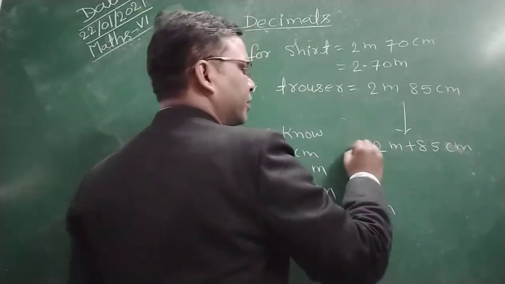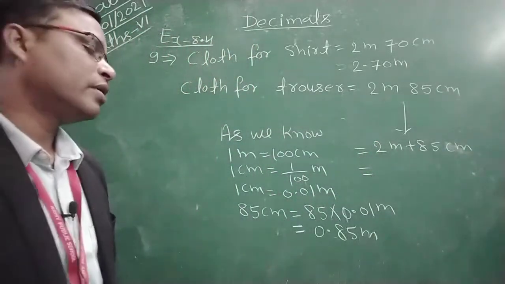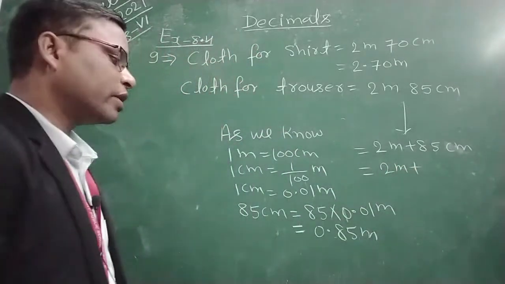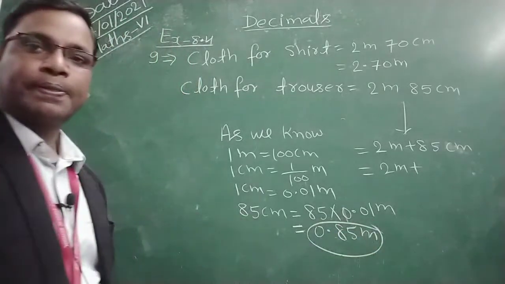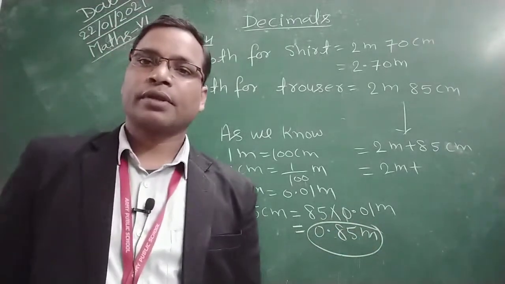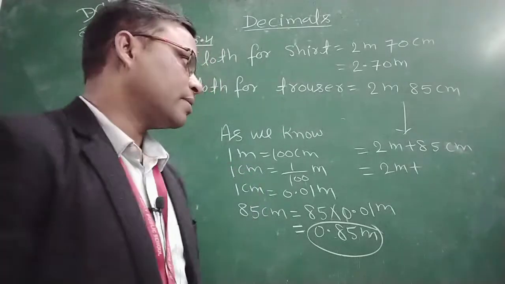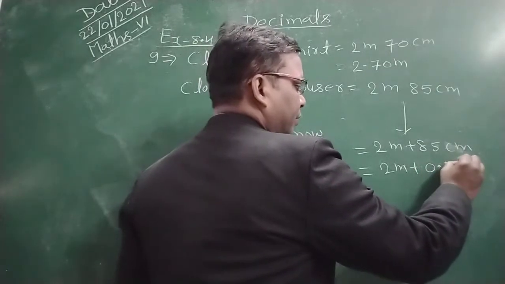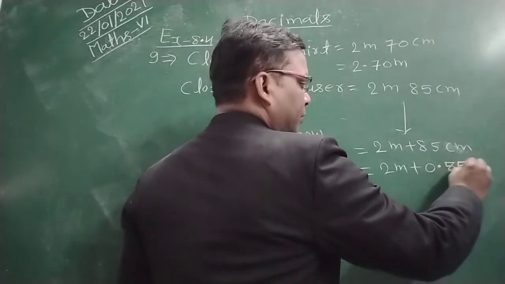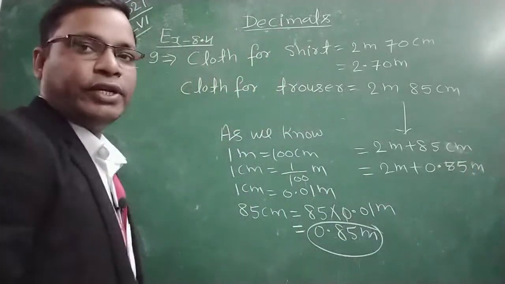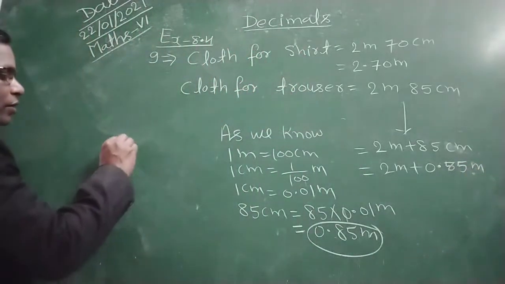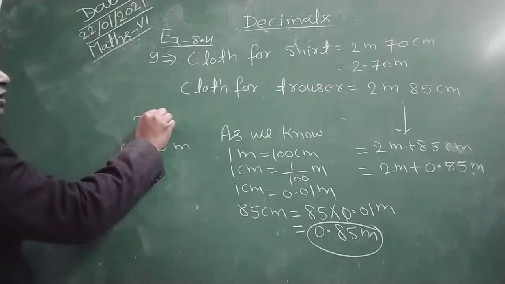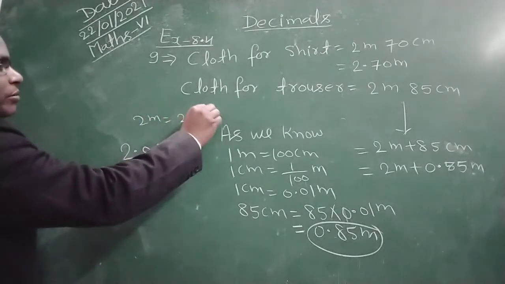Okay, so you can write it 2 meter plus 85 centimeters. We write 2 meter as it is plus 85 centimeter. Here you can see we convert it in meter. So 85 centimeter is equal to 0.85 meter. Okay, if we add them, how do we add them? You can add like this: 2 meter you can write as 2.00 meter, no problem.